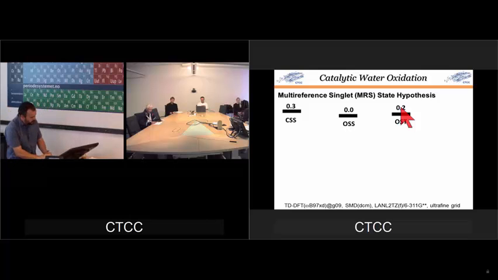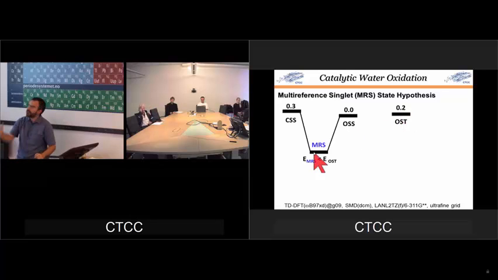So our hypothesis is that these two different electronic configurations for the singlet state mix into a multi-reference singlet state that is stabilized by non-dynamical correlation, so that we end up significantly lower in energy with respect to the triplet, and therefore the triplet is not visible in the experiments.